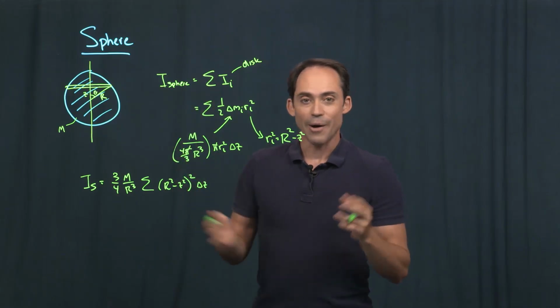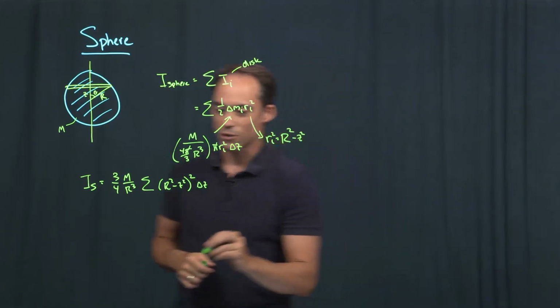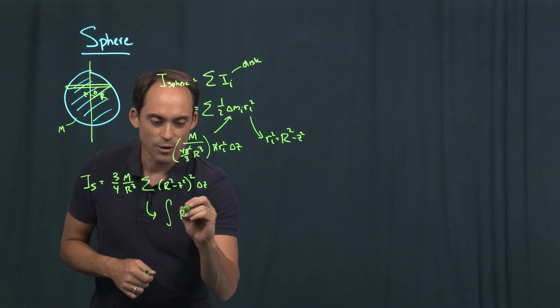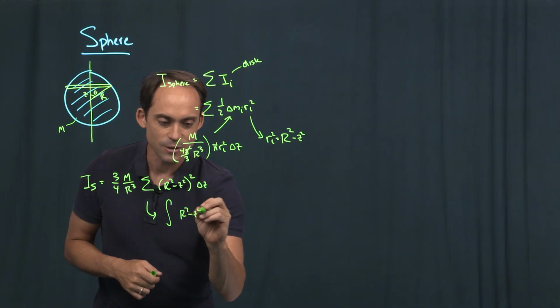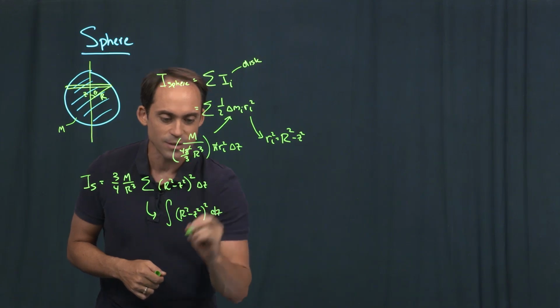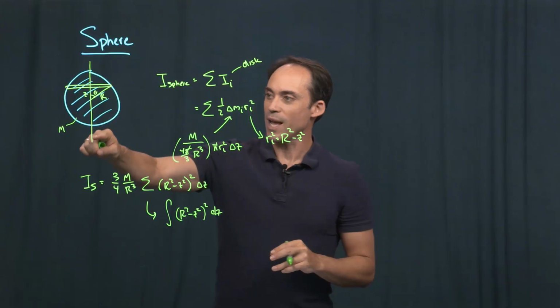Now, as we did before, because this is a sum over little pieces, we can turn this into an integral. That's going to be the integral of (r squared minus z squared) squared dz instead of delta z. And in this case, the integral is going to be running from one end to the other.